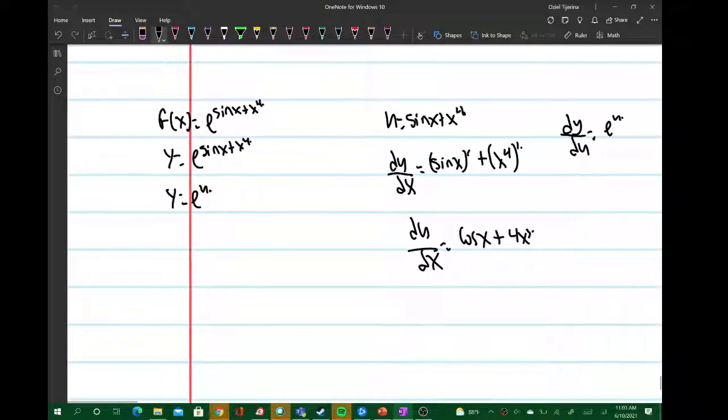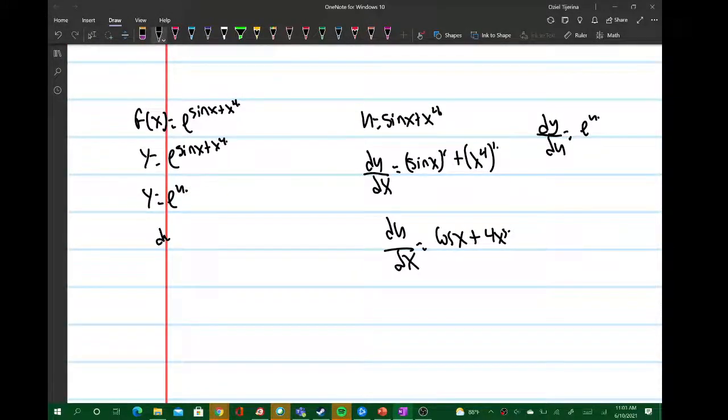And so if I put that in, I can say that dy dx is going to be dy du, which is e to the u, times du dx, which is cosine of x plus 4x cubed.